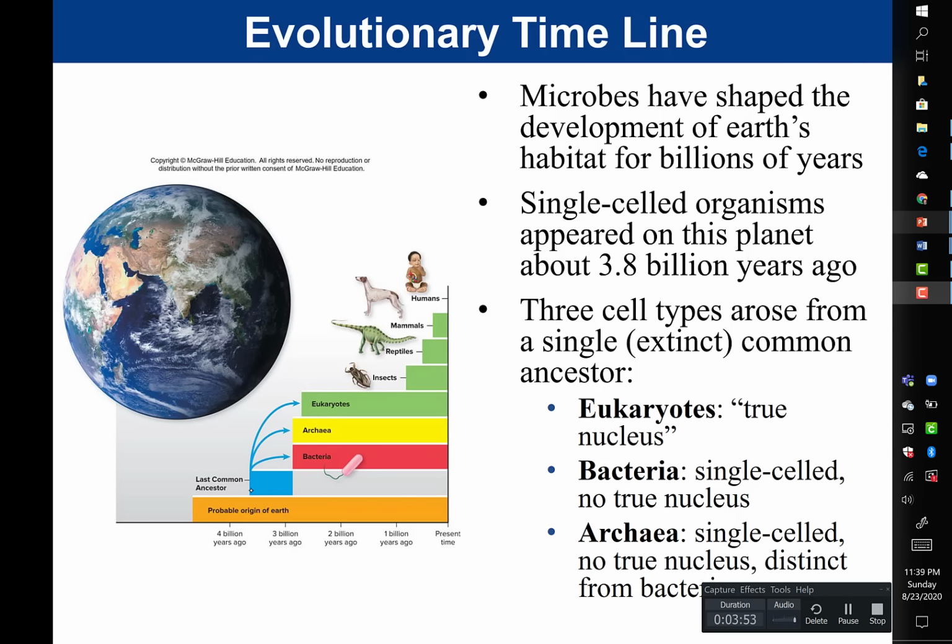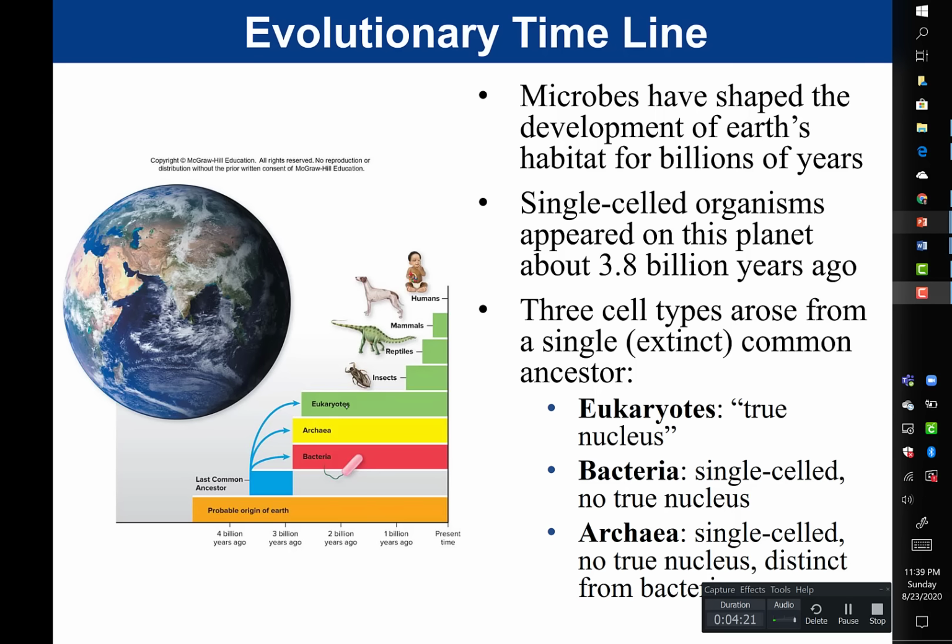Now, that first sign of life is believed to have been single-celled. It was a unicellular organism. From that last common ancestor, we have branched off into 3 different cell types. So we have our eukaryotic cells. Eukaryotic refers to a true nucleus. Those are organisms that have a membrane-bound nucleus that surrounds their DNA.